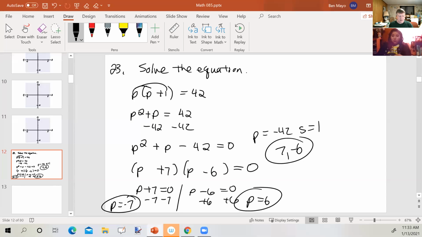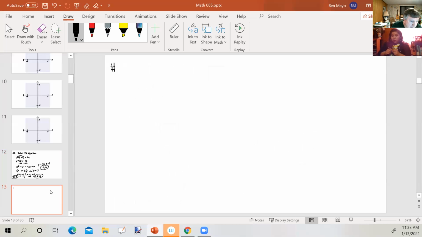Any questions about that before we go on to the next one? Okay, this one is number 27. Again, it says solve the equation. And the equation looks like this: negative 24x squared plus 5 minus 26x equals 0.